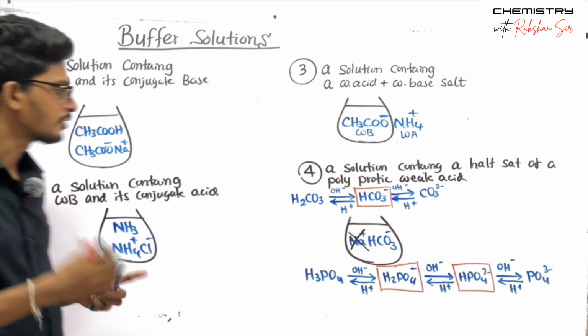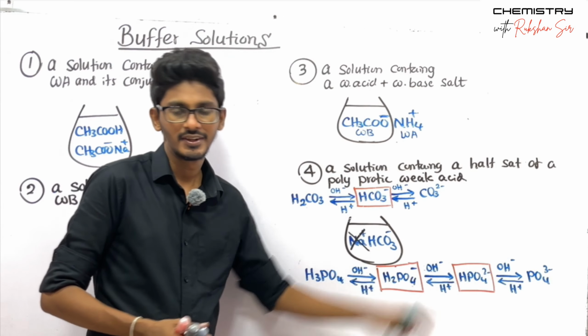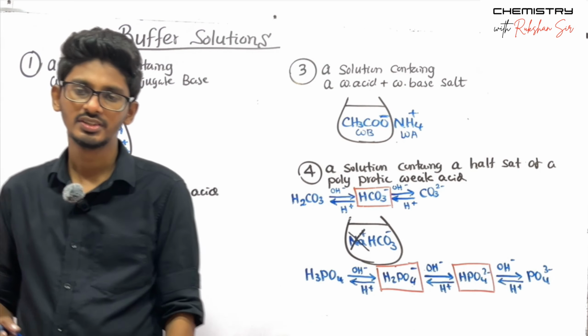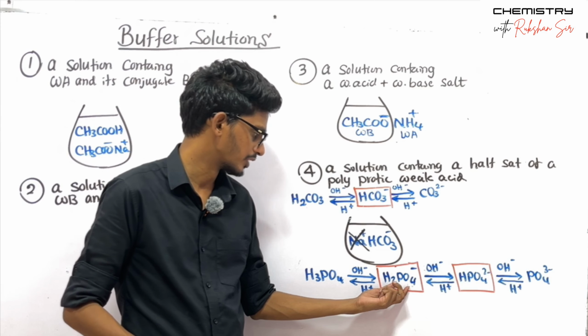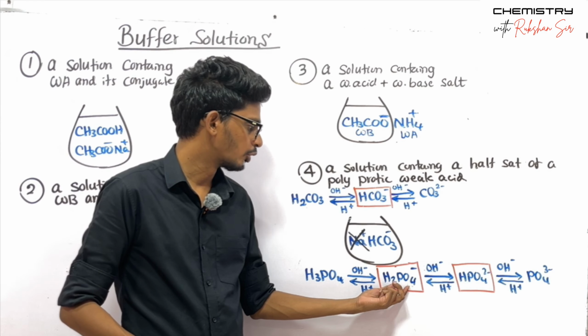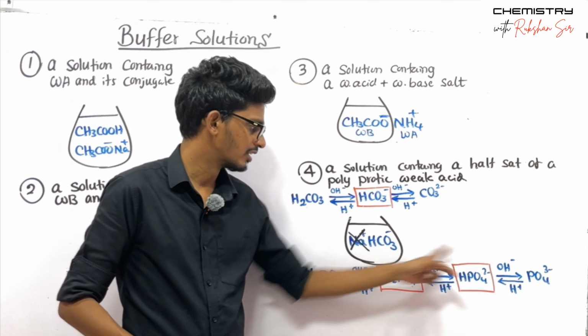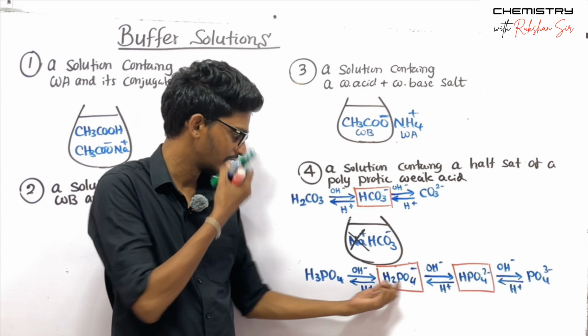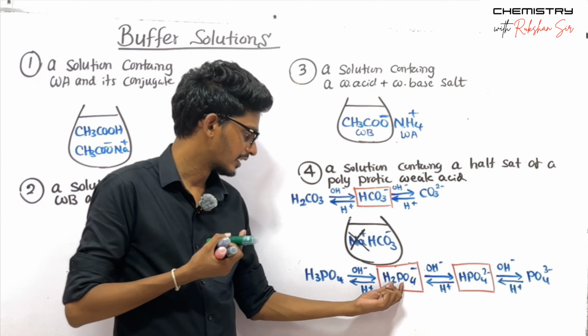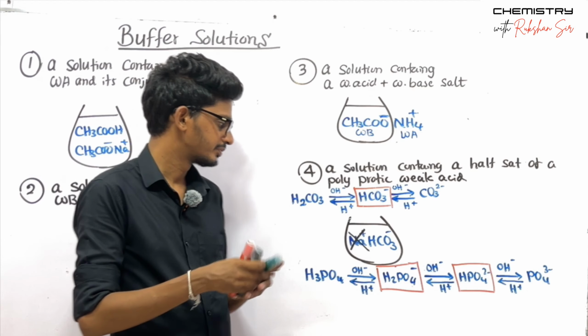Even the presence of one of these things will consider your solution as a buffer solution. See, if you are with H2PO4 minus in the solution, it can utilize the OH minuses and convert to HPO4 2 minus. It can utilize H pluses as well when it is converted into H3PO4.